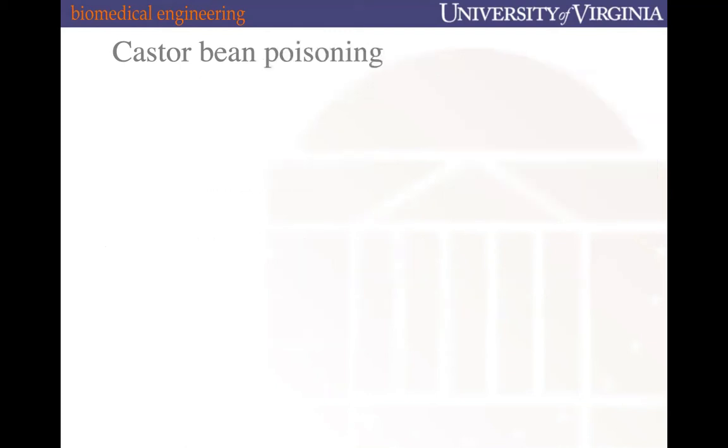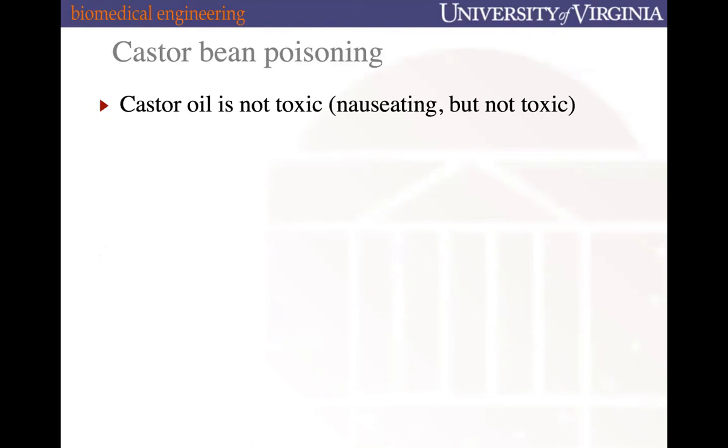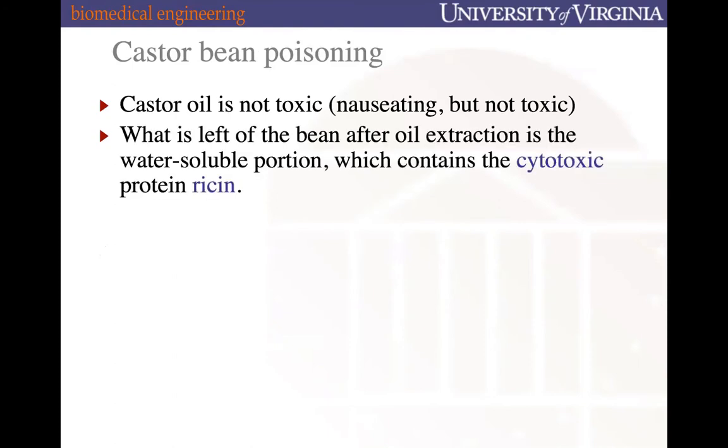But oftentimes what happens is, after the oil has been extracted, what's left behind is a water-soluble portion that is the ricin protein. That is the highly cytotoxic or cell-killing portion of the castor bean.